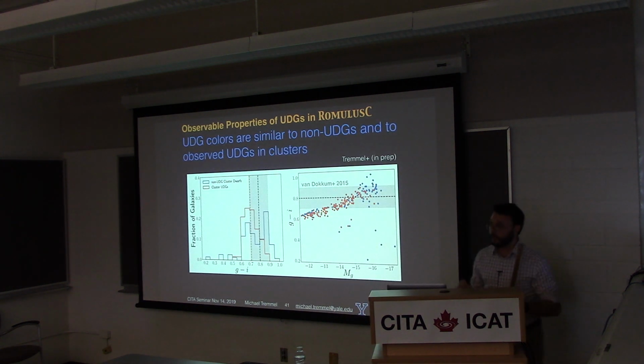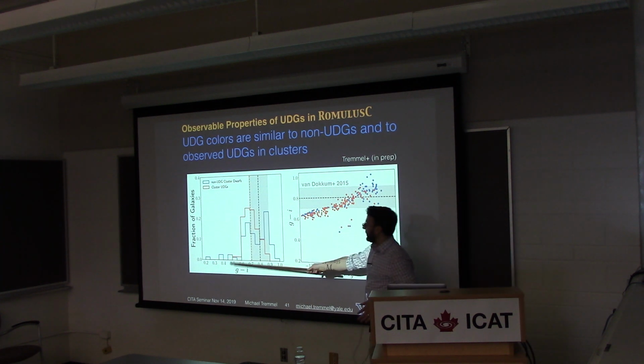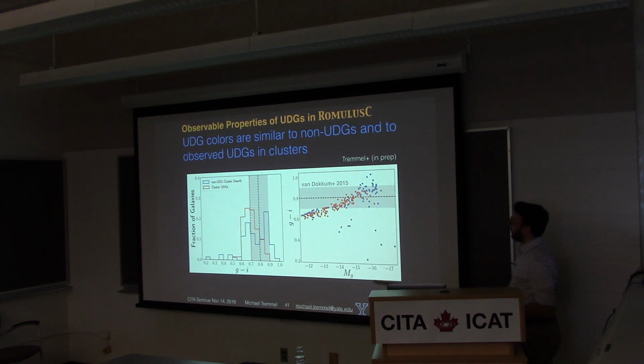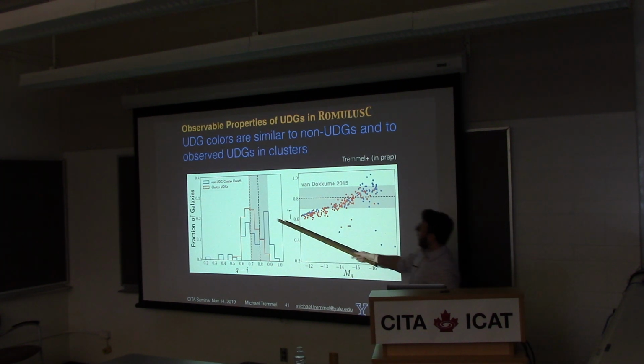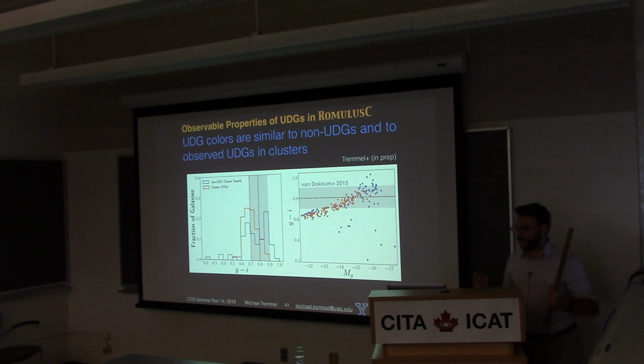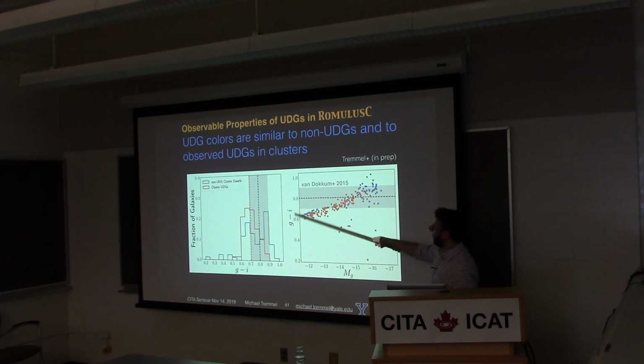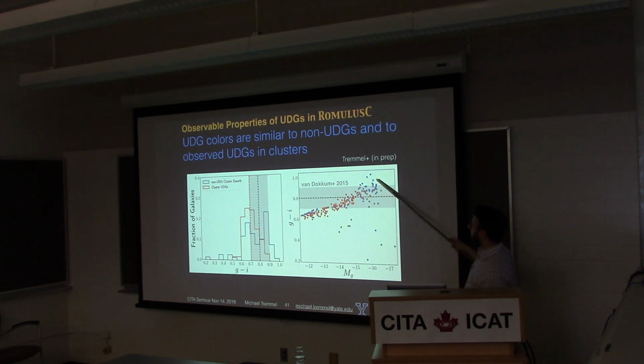The same is true if we look at galaxy colors. This is the distribution of G-I colors, and this is G-I as a function of G-band magnitude. Again, the same coloring. Both UDGs and non-UDGs are very red and quenched. There is this relationship that people see in observed clusters where lower G-band magnitude results in slightly bluer colors, but there's no difference as to whether or not you're a UDG.